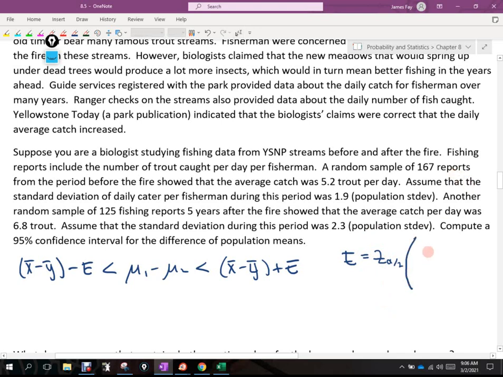Then we're going to find our standard error, which in a difference of means situation, your standard error is found by taking the variance of one population divided by its sample size, plus then the variance of your second population divided by its sample size.